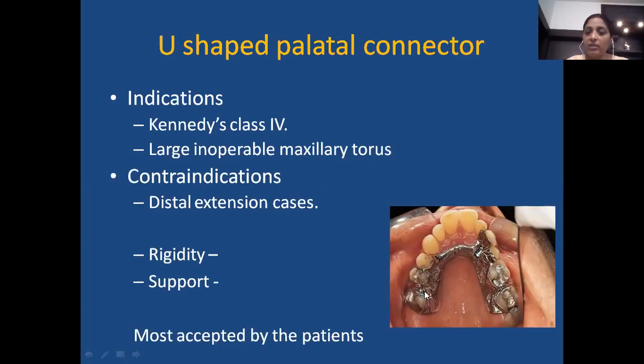So to avoid this flexion, we should avoid this type of major connector in replacing posterior teeth. So it is contraindicated in distal extension cases, but it is accepted well by the patient because of less coverage of the hard palate.